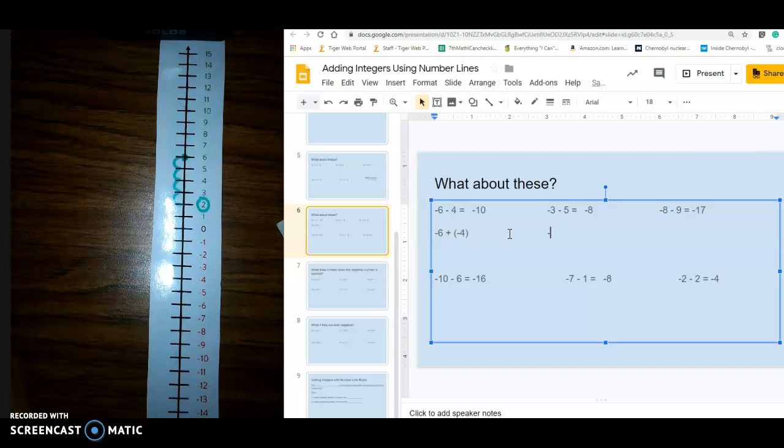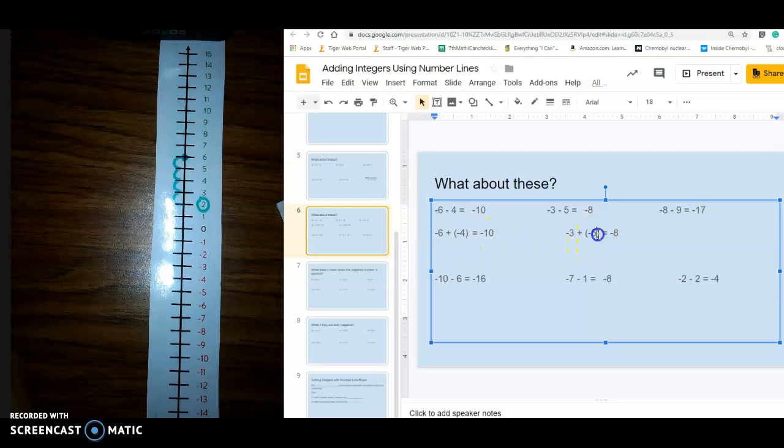So same thing would happen over here. This would be negative 3 plus a negative 5. And I want to point out that I am using these parentheses not to imply multiplication, not to imply order of operations, but simply to separate these out, so that I don't have an addition sign right next to a negative sign.